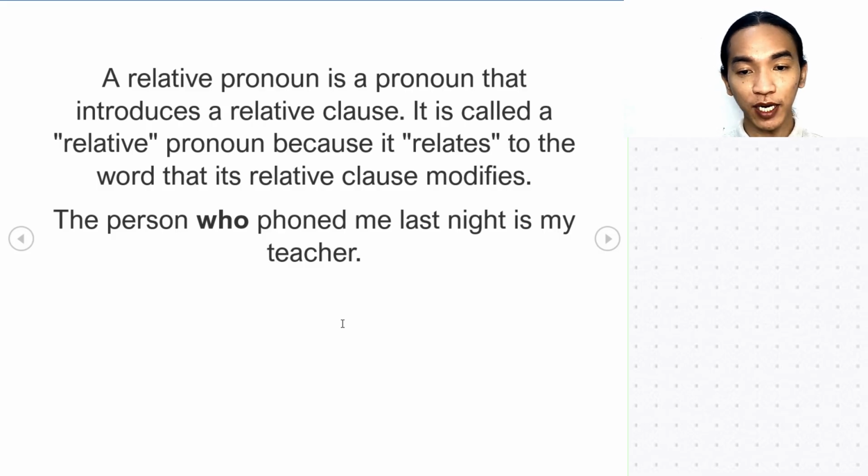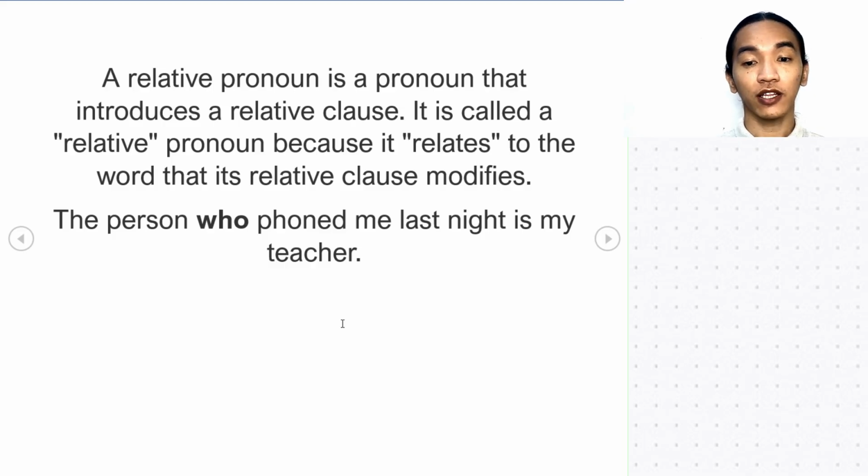So the person who phoned me last night is my teacher. So you can see there the relative pronoun who, okay, relates the clause phoned me last night. Okay, now that is your relative clause in this case, and it shows the relationship to your subject or to the totality of your sentence.